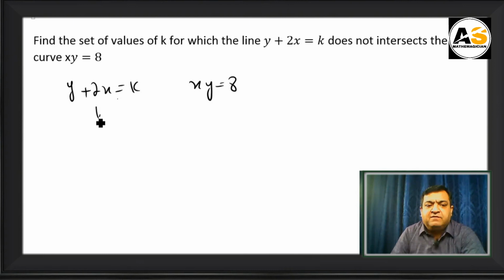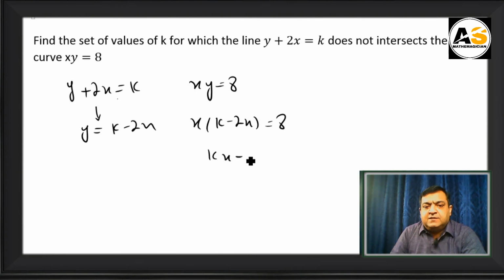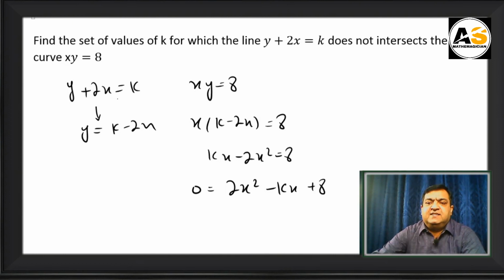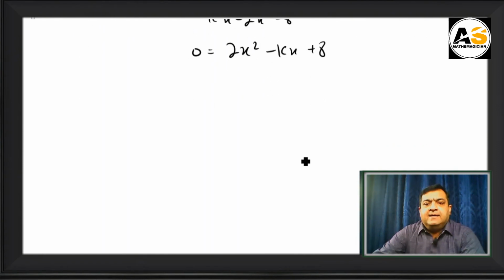From here, we will get value of y is equal to k minus 2x and put over here: x into k minus 2x is equal to 8, kx minus 2x square is equal to 8. 0 is equal to 2x square minus kx plus 8. A is 2, B is minus k and C is equal to 8.